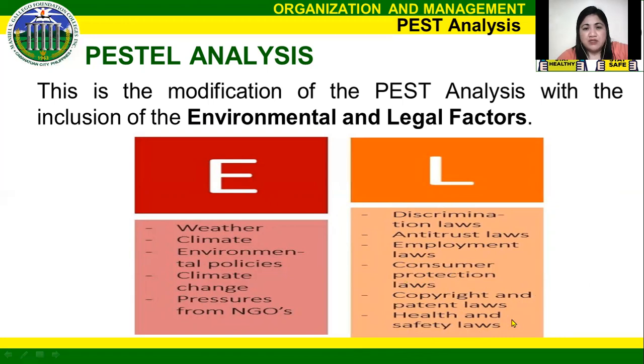Health and safety, syempre yung occupational health and hazard, safety practices, kailangan binabantayan yan when you do your business. OHSP, Occupational Health and Safety Procedures. Katulad halimbawa, kung nasa restaurant business ka, syempre dapat lagi tuyo ang sahig, meron kang fire extinguisher, meron kang medical kit for burns. Kasama yan sa OHSP.